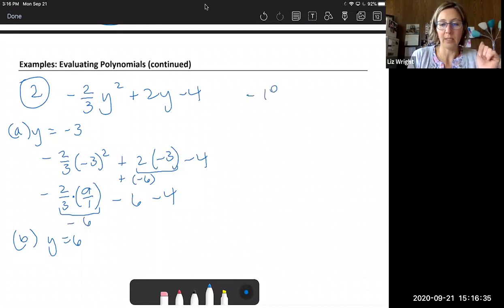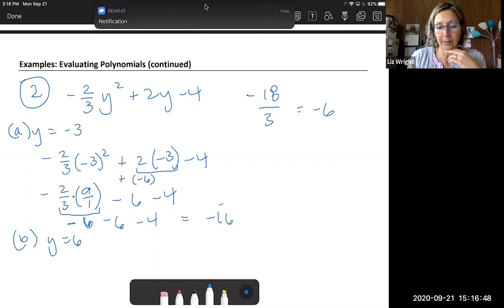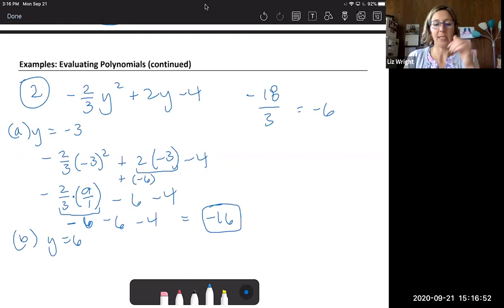So -18 over 3, when you reduce that, just gives you -6. So that's how I'm getting this -6 right here. -6 -6 -4. And then you should be getting -16 from that. So you're getting the -6 minus 6 is -12. -12 minus 4 is going to give you a -16.